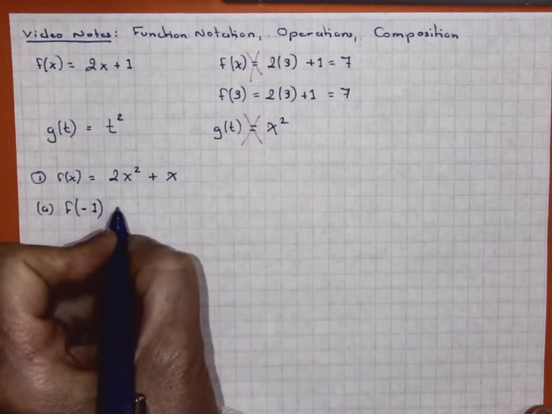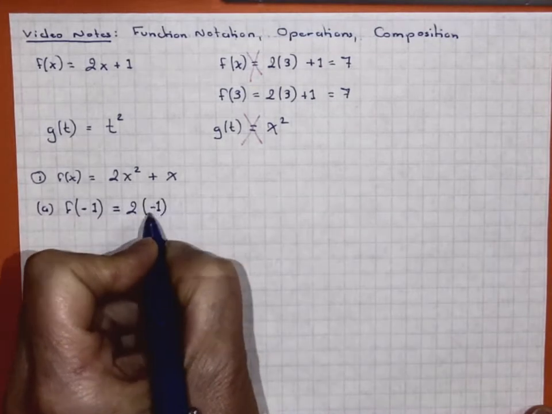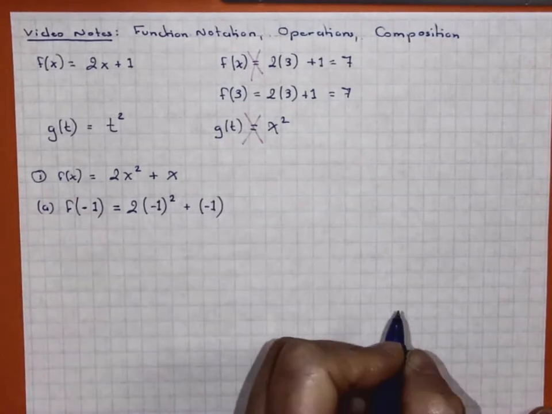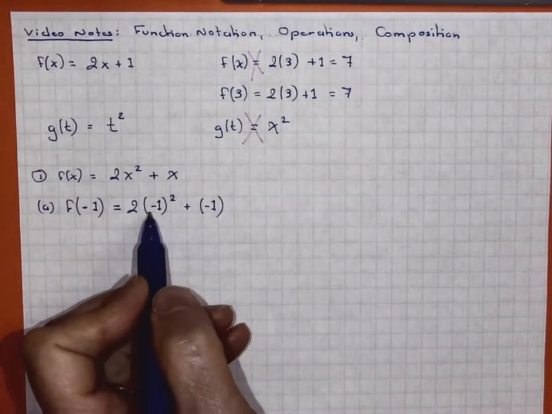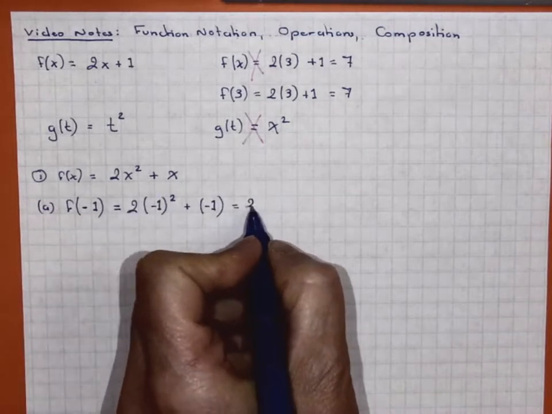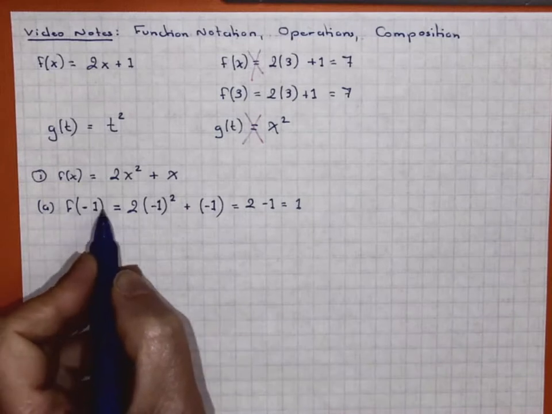So we're going to say that's equal to 2 times, plug in your negative 1 everywhere where you had an x, right? And then that would be negative 1 squared is a 1, 2 times 1 is 2, and that's minus 1, and that would be a 1, right? So f of negative 1 is 1.